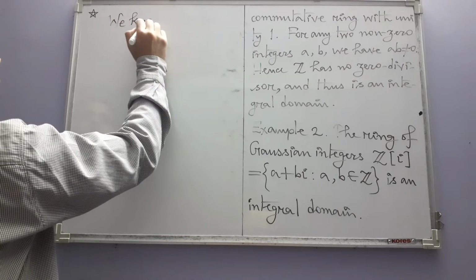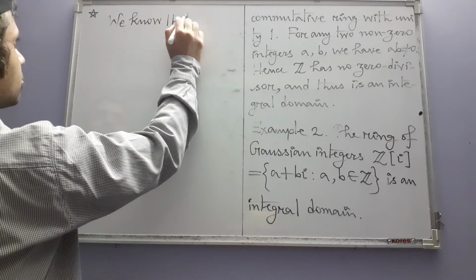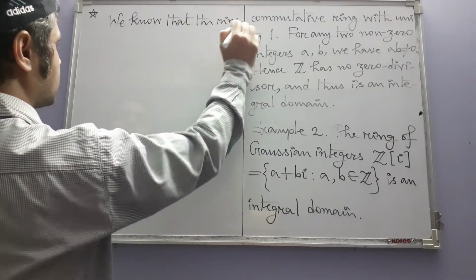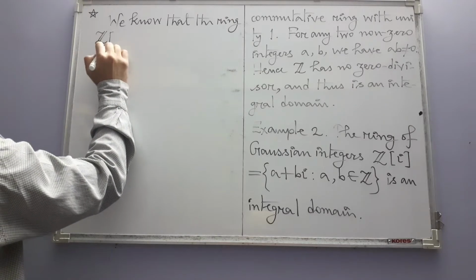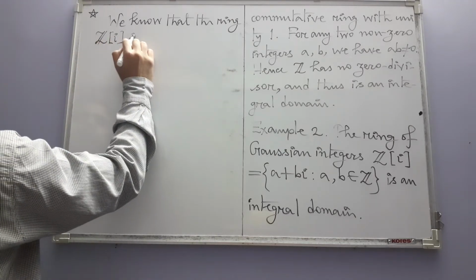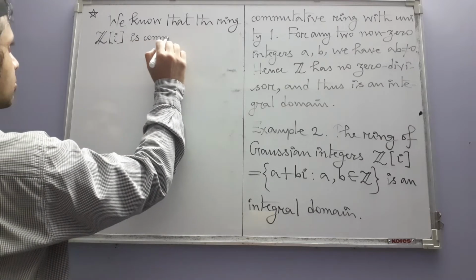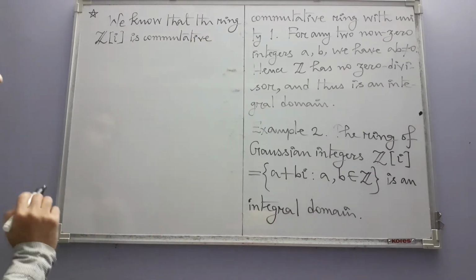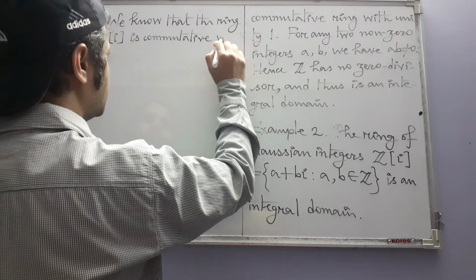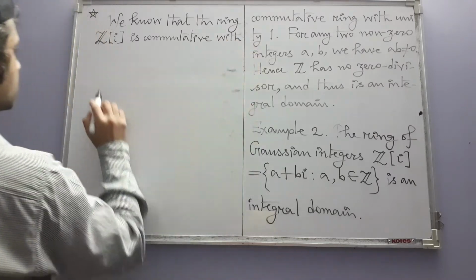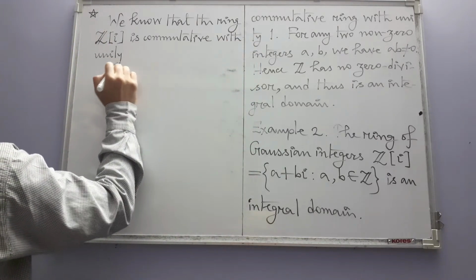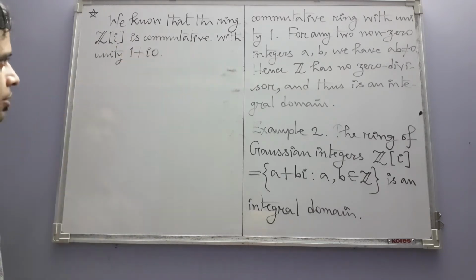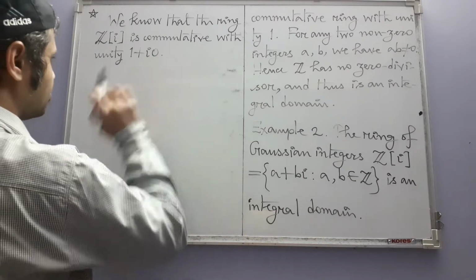We know that the ring is commutative because multiplication of complex numbers is a commutative operation, with unity 1 plus 0i, whatever you prefer to write.